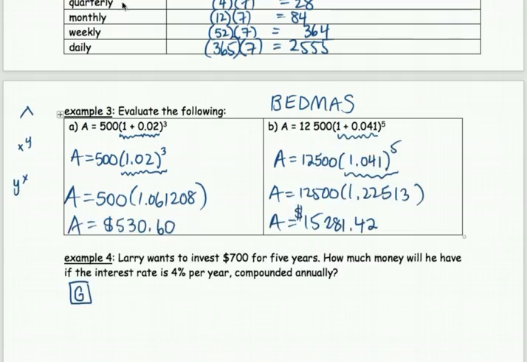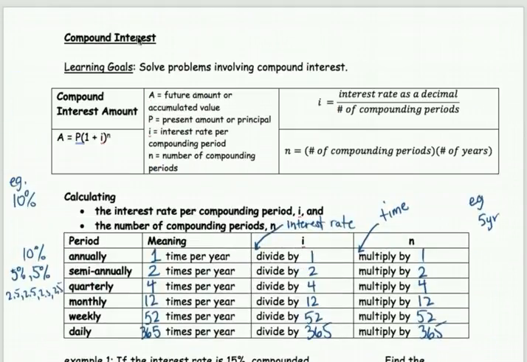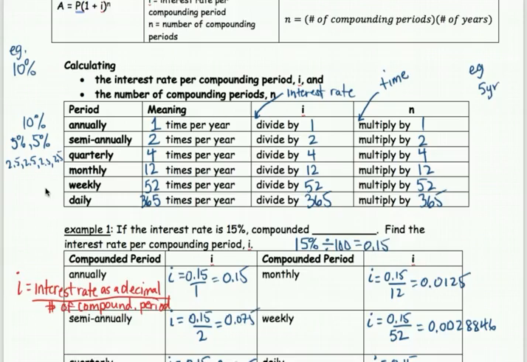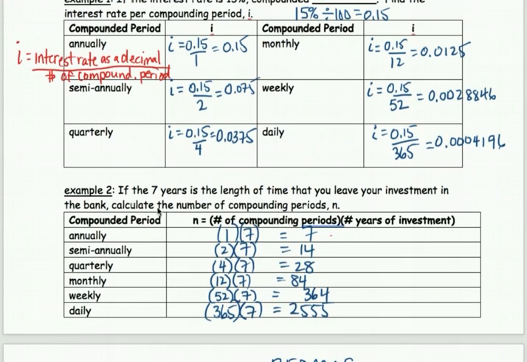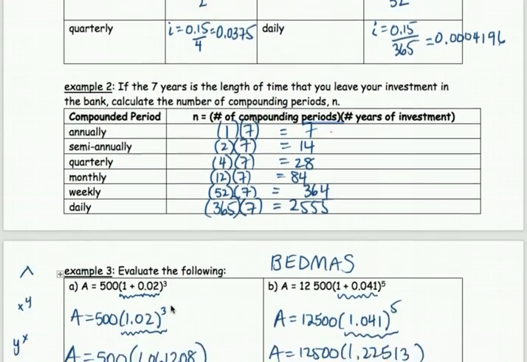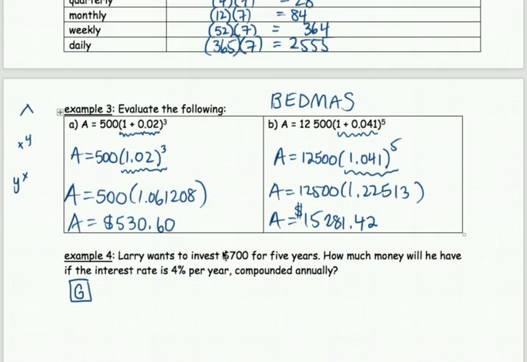Here's our formula: A equals P times (1 plus I) to the N. We were just practicing figuring out I and figuring out N, and now we're going to use this formula. He wants to invest 700, so he wants to put 700 into the account.